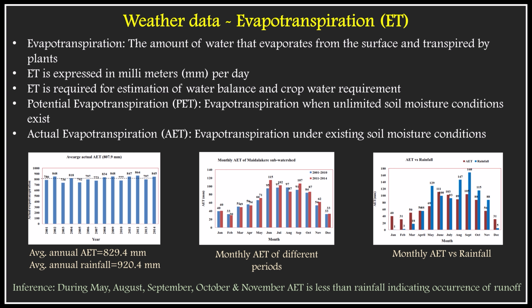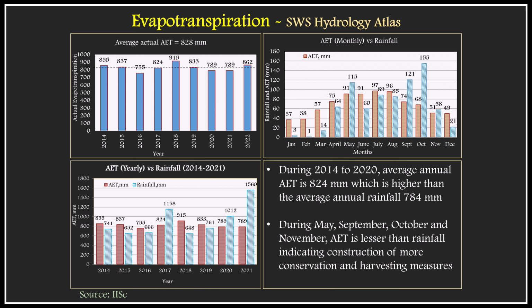If you examine the graphs, in the third graph, which represents monthly AET versus RF, we can see during May, August, September, October, November months, the actual evapotranspiration is less than the precipitation, leading to the inference that runoff can occur. Same thing is depicted in the hydrology atlas.